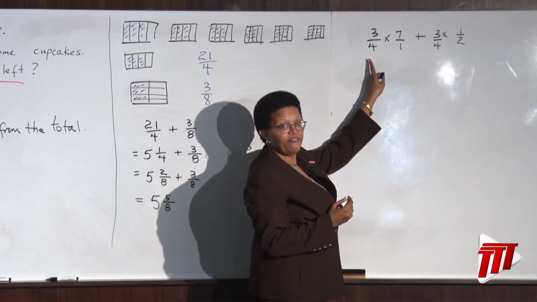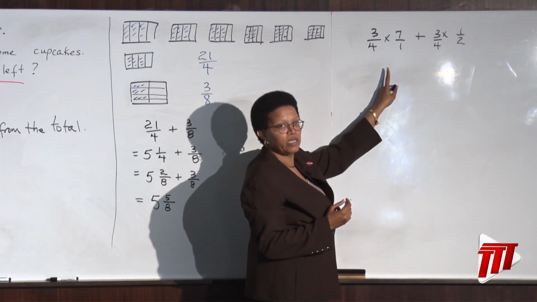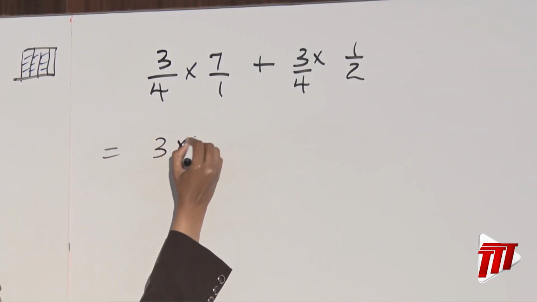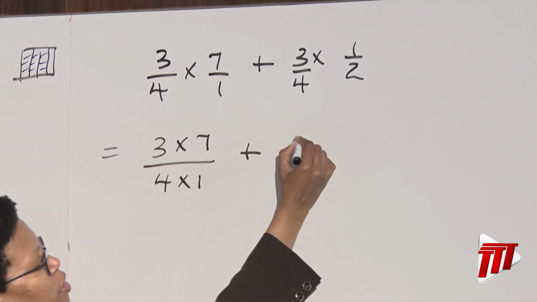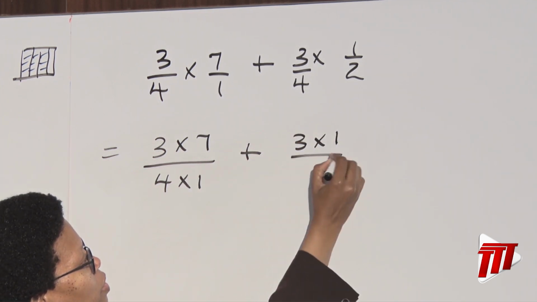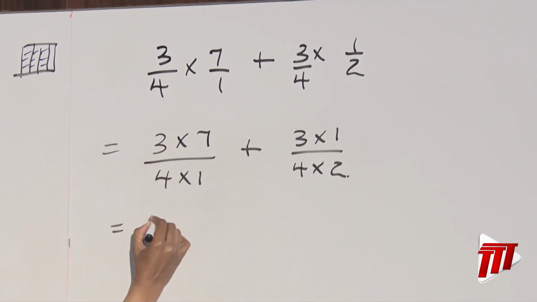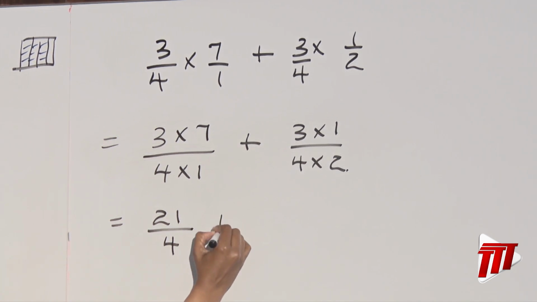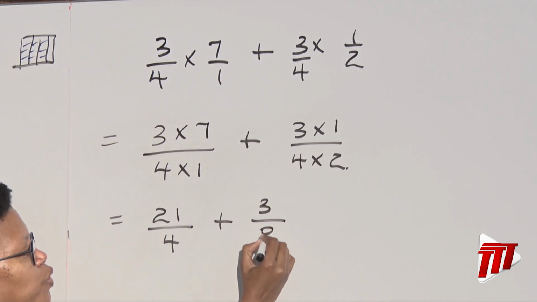We multiply fractions, numerator multiplied by numerator, and denominator multiplied by denominator. 3 multiplied by 7, 4 multiplied by 1, added to 3 multiplied by 1, 4 multiplied by 2. 3 multiplied by 7 is 21, 4 multiplied by 1 is 4. 3 multiplied by 1 is 3. 4 multiplied by 2 is 8.